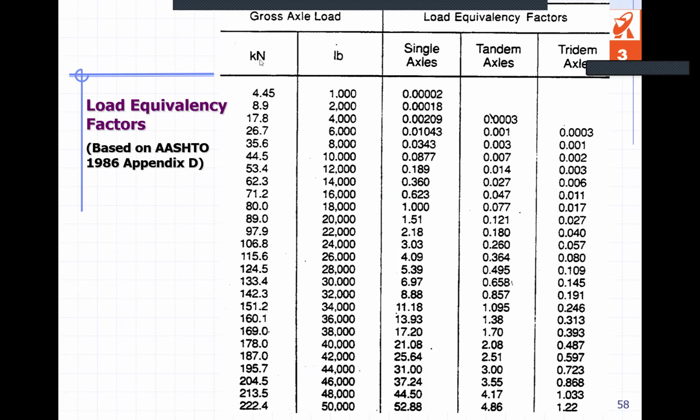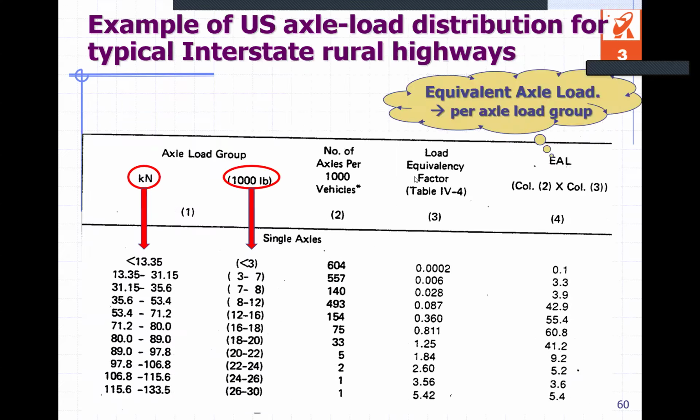This will be the loads in kilonewtons or pounds, and this will be the type of axle, single, tandem, tridem, and this will be your load equivalency factor. So this is already pre-calculated for you. And the other thing that is pre-calculated for you is how many repetitions you are expecting of different types of axles.